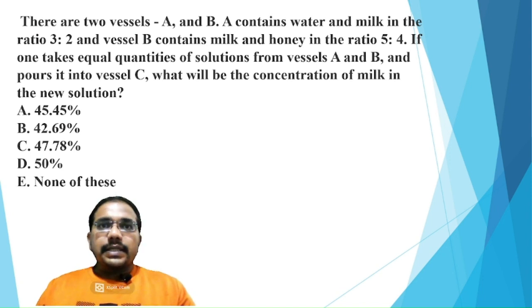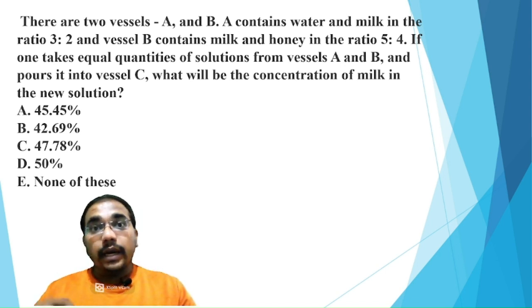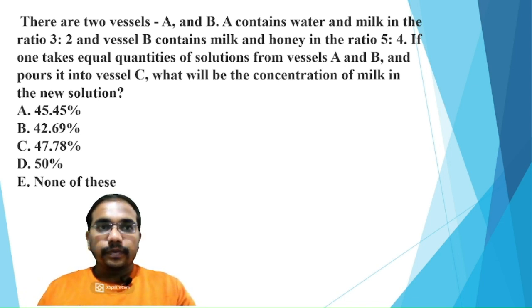There are two vessels, A and B. A contains water and milk in the ratio 3:2. Vessel B contains milk and honey in the ratio 5:4.